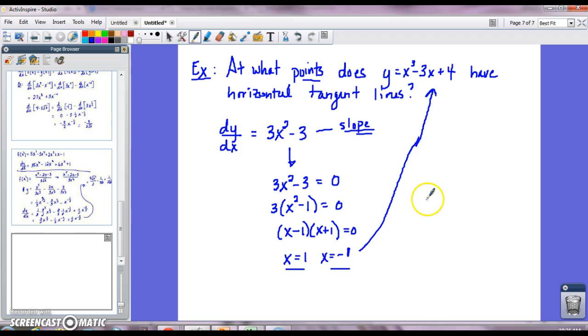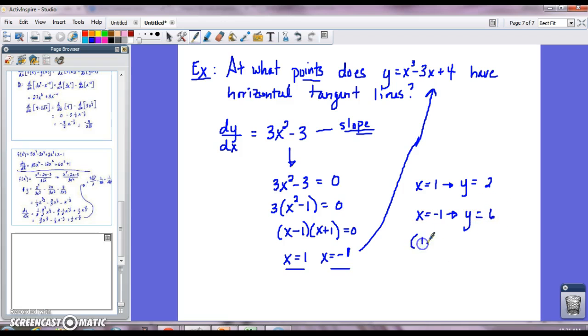So when x is 1, what does y equal? You're just substituting that into the equation. If you do that, you end up with y is 2, and when x is negative 1, you end up with y is 6.